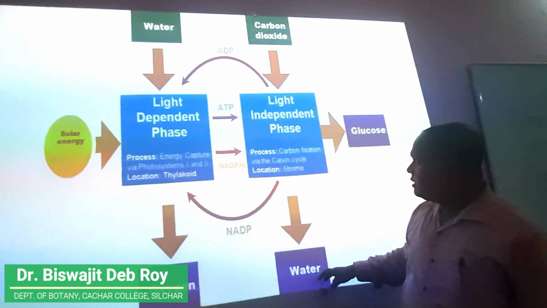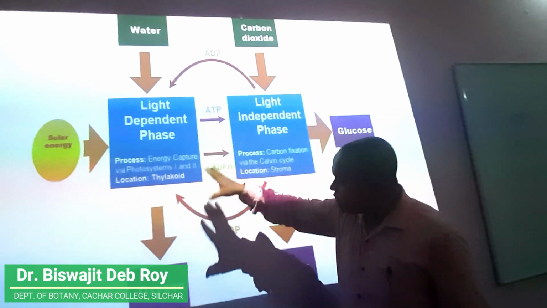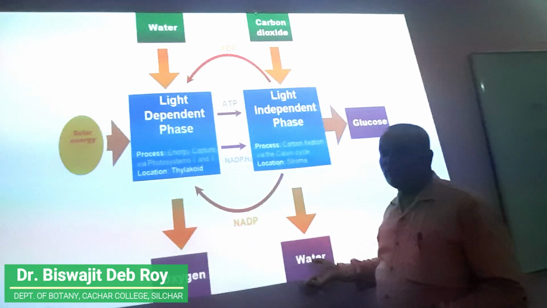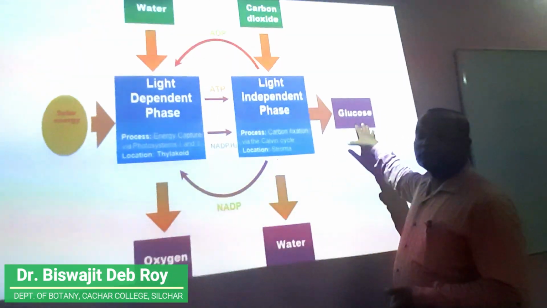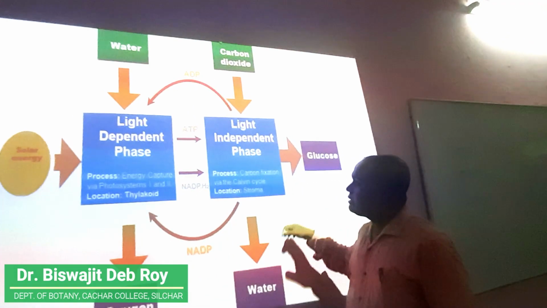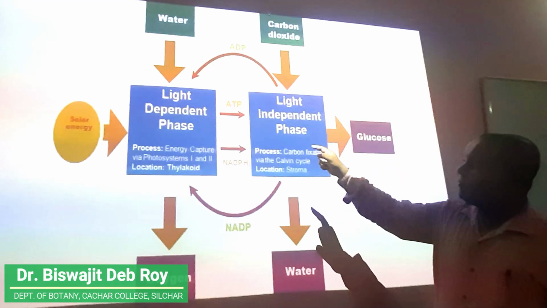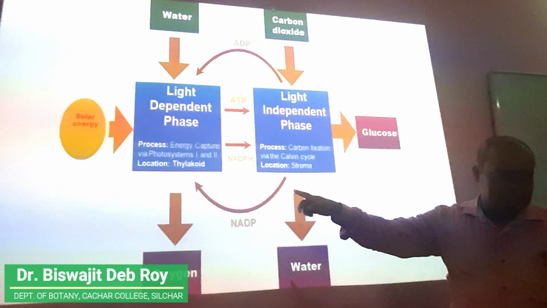So ultimately, in the light reaction, oxygen is evolved. In the dark reaction, water is also formed along with the glucose. So this is the summary structure of the total photosynthetic process.